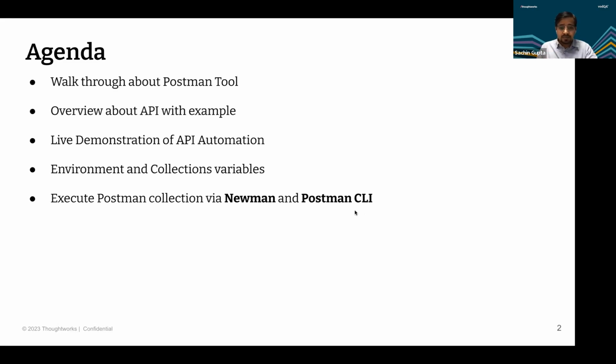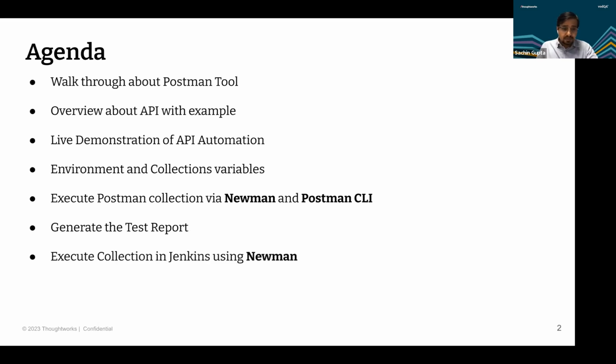So Postman CLI is something new which came in the market I think 6 months back. And if you're not aware, you will see the demo of the Postman CLI. And Newman, if you're aware, it's fine. Otherwise, you will see the demo of Newman as well. And I'll also demonstrate how to generate the test report.